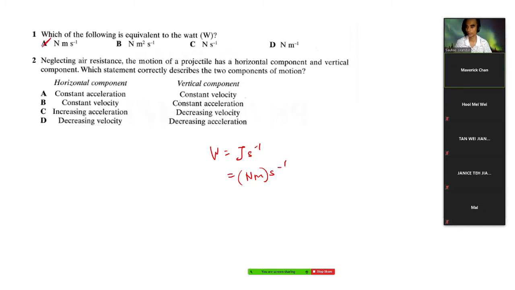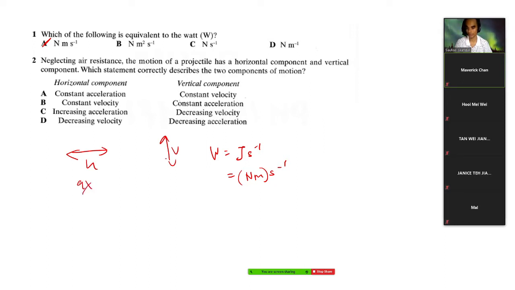Correct, A. Neglecting air resistance, projectile motion has a horizontal component and a vertical component. Which statement correctly describes the two components of motion? Horizontal is left to right, vertical is up and down. Horizontally we don't have any acceleration.